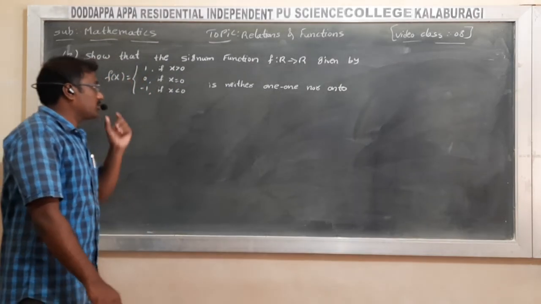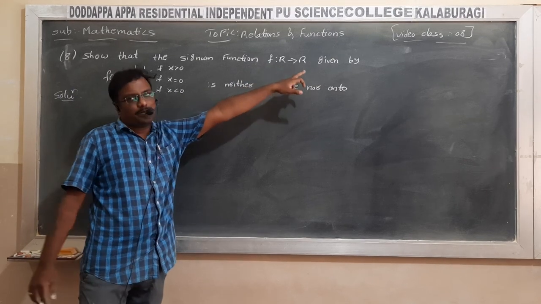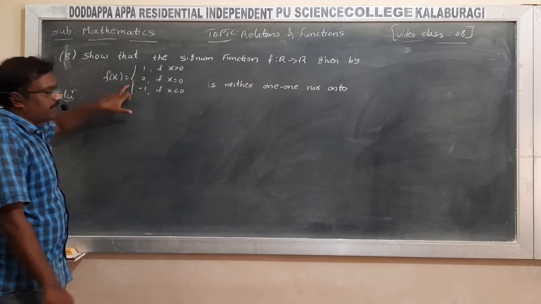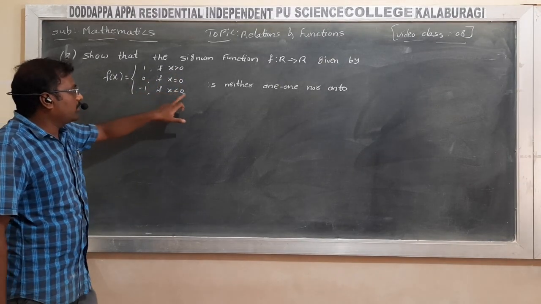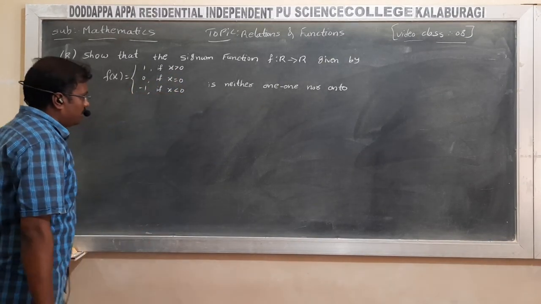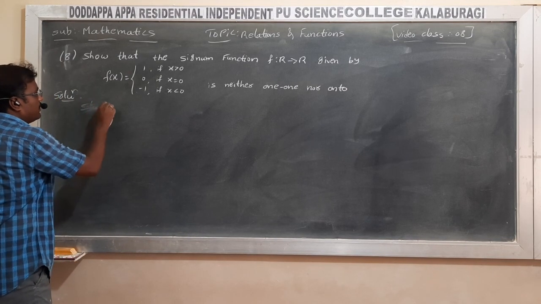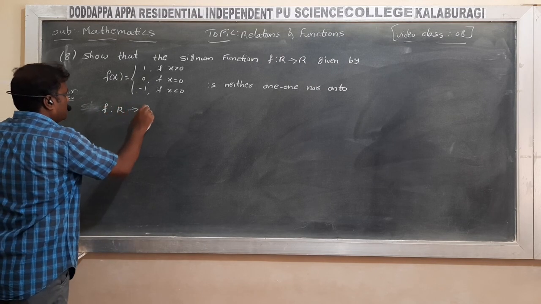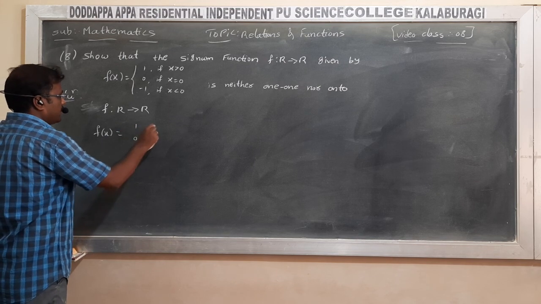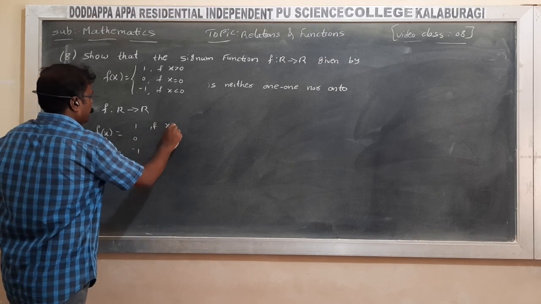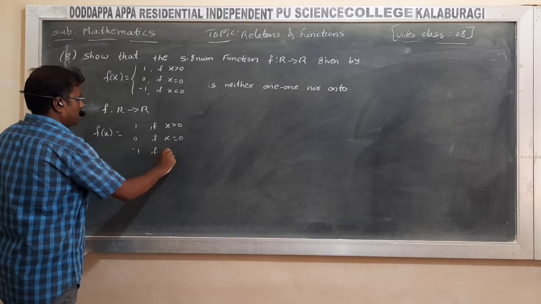Okay, we go for another problem. So here what is the given? Show that the signum function f from R to R given by f of x is equal to 1, 0, minus 1 if x greater than 0, x equal to 0, x less than 0 respectively, is neither one-one nor onto. So first you have to write the given: f from R to R and f of x is equal to 1, 0, minus 1 if x greater than 0, x equal to 0, x less than 0.